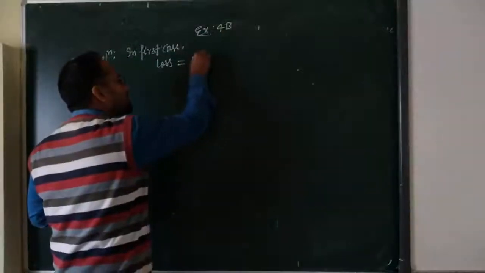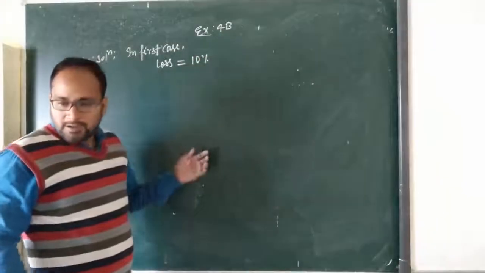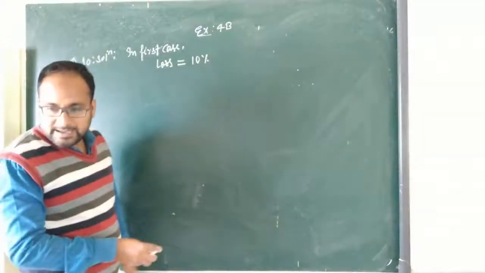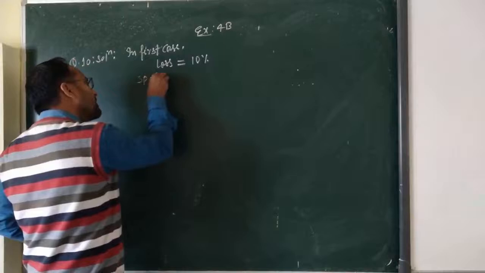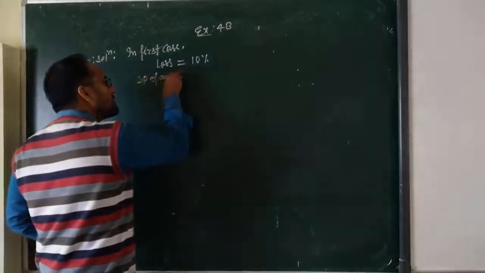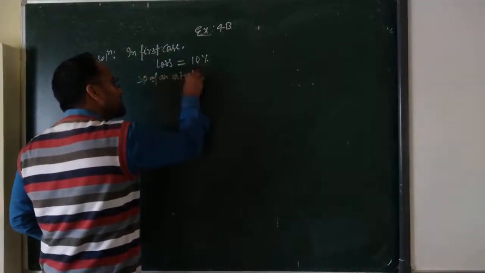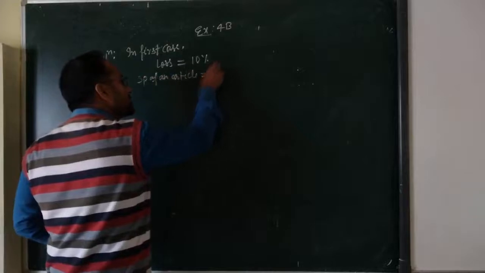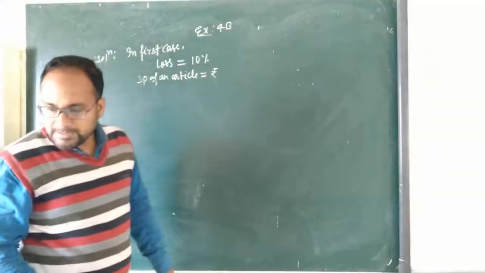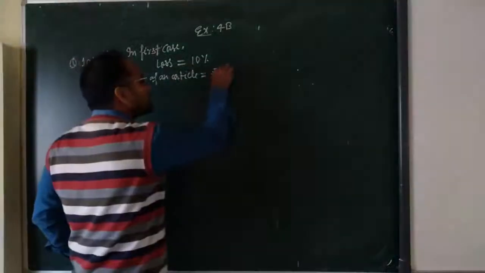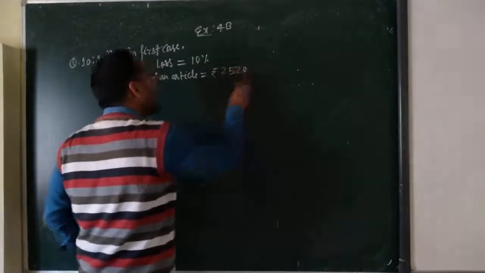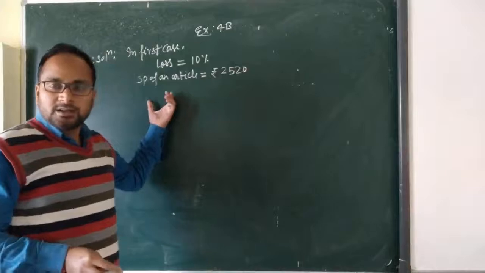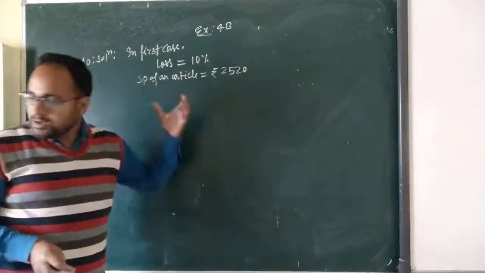Now the SP of the article is given as rupees 2,520. That is the SP of the article. So our aim is to find the cost price.